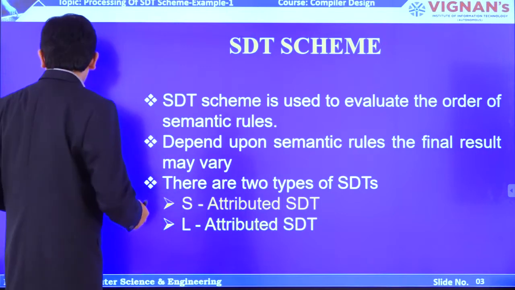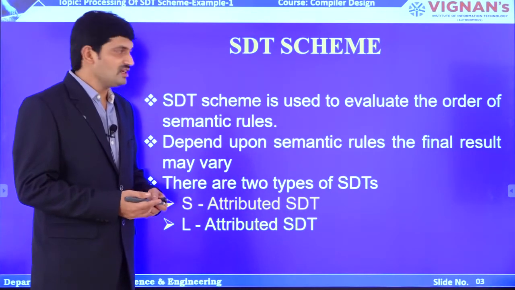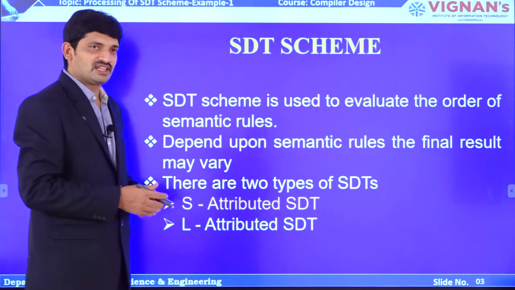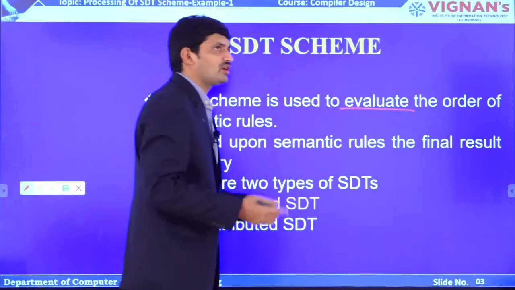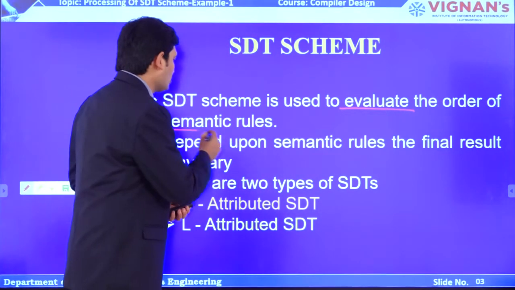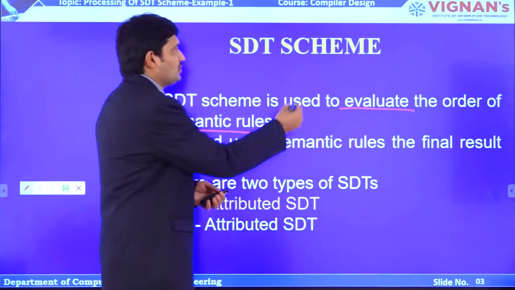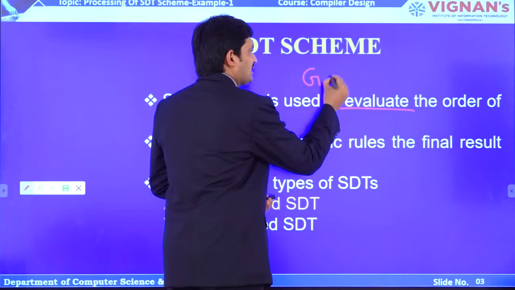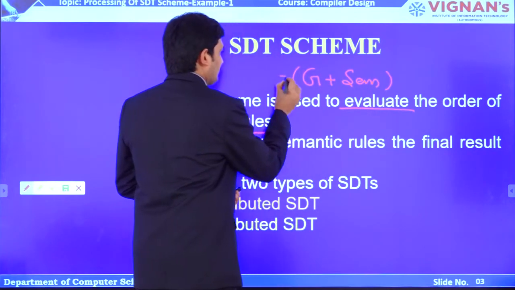So, what is an SDT scheme? Already we studied what the SDT is, and now we are going to study this SDT scheme, which is used to evaluate the order of the semantic rules attached to the given grammar. Grammar plus some semantic rules is known as SDT.